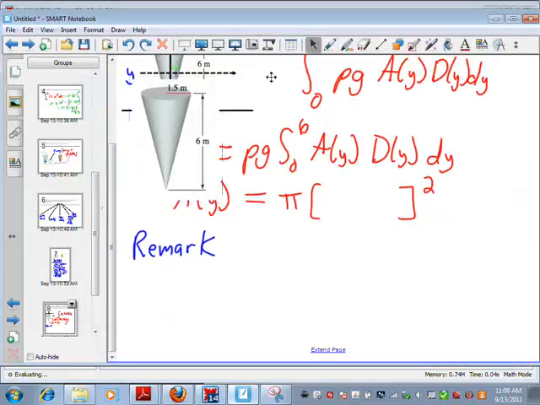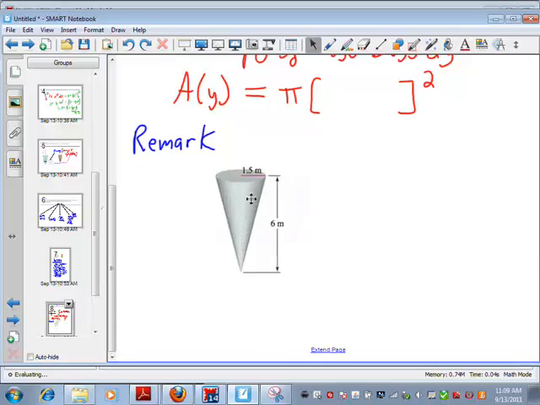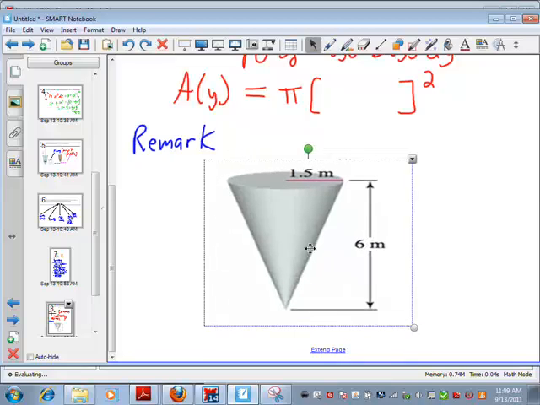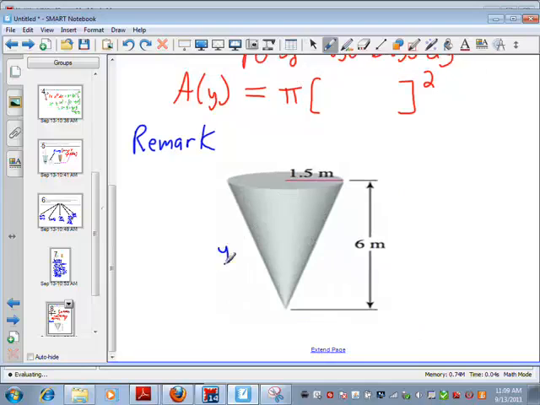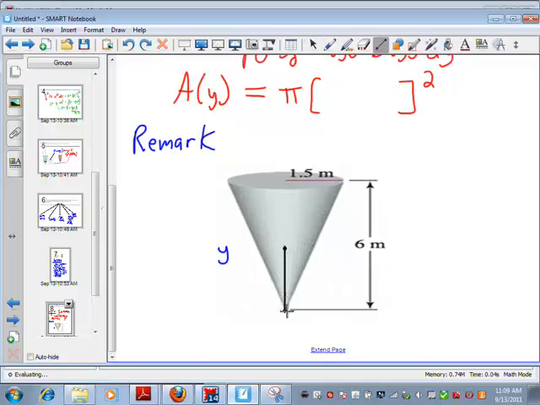And so here's just a little slickness. We wanted to know what happens at distance y at this point. Now we need to relate it to 1.5 and 6. Let's make a remark.